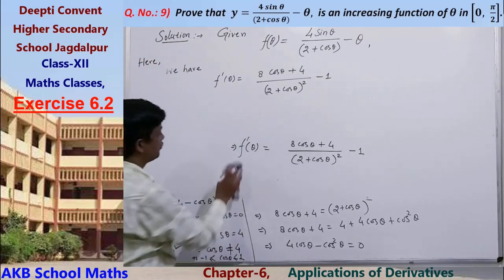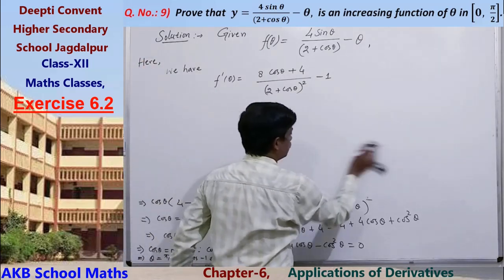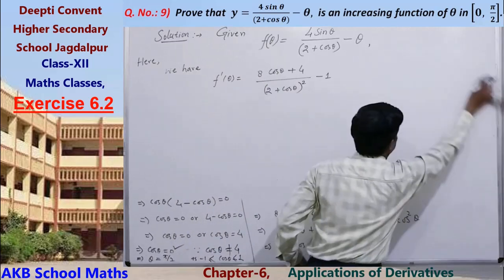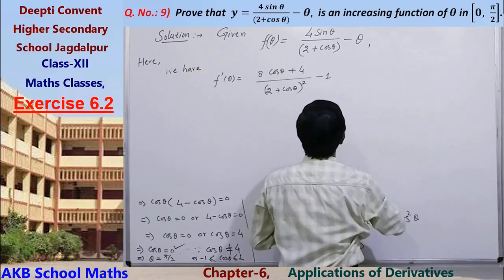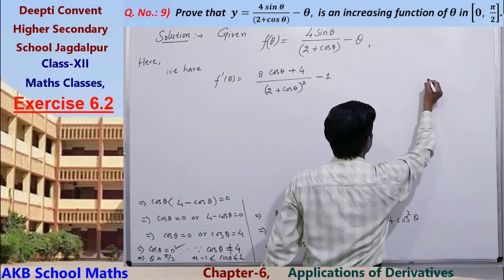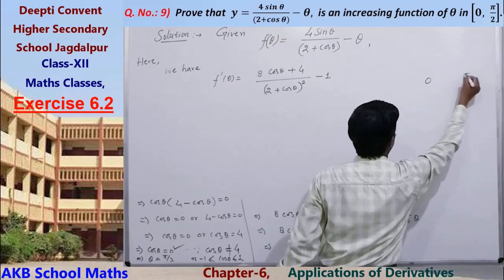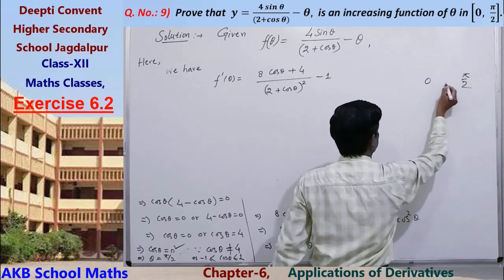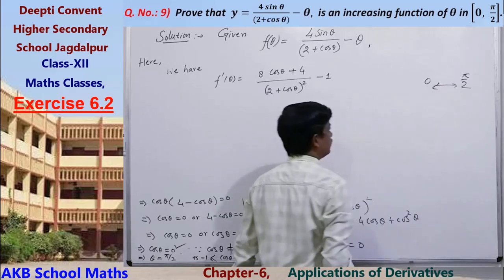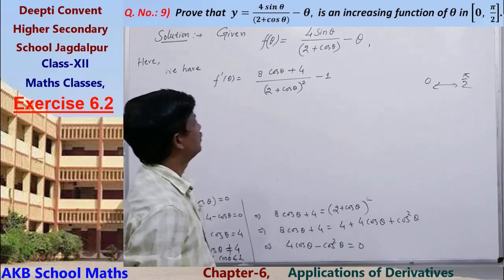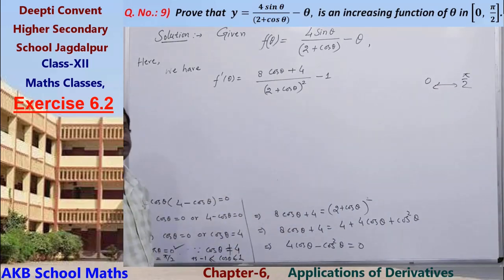Now we will try to see the sign between 0 to pi by 2, between this part. We have to find the sign of this quantity.